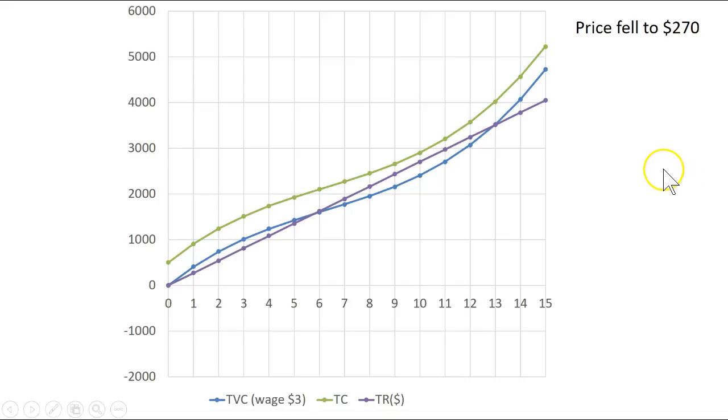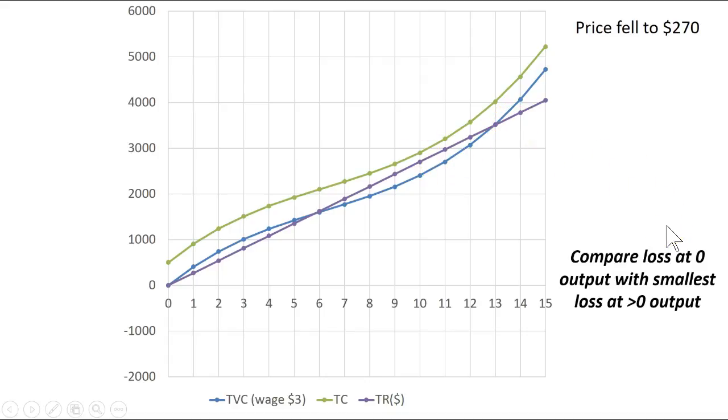Now let's look at a scenario where the price didn't fall to $150, but instead fell to $270. So the total revenue curve still pivots downwards, but not as much as before. Now we've got a slightly different situation. Let's calculate the profit generated.